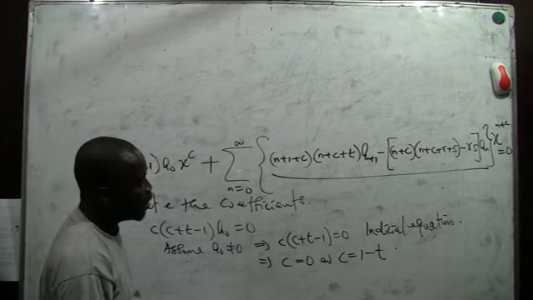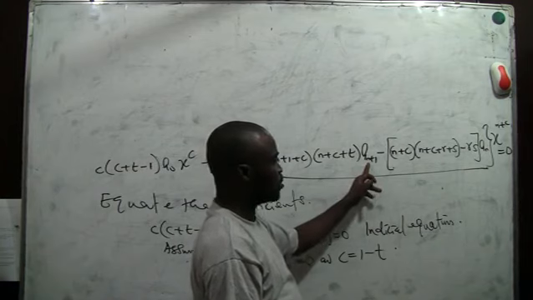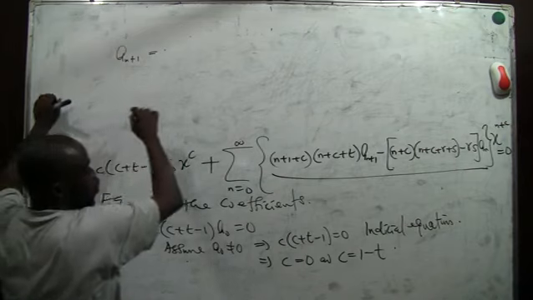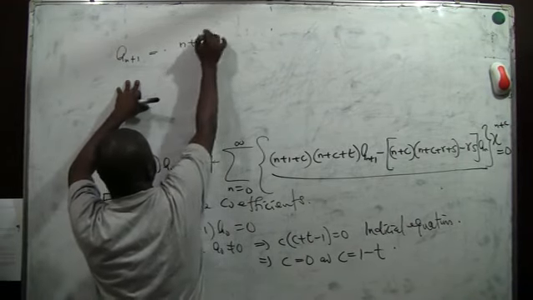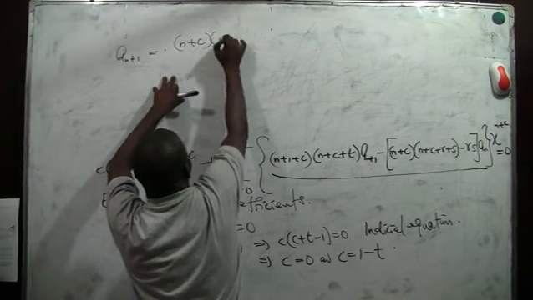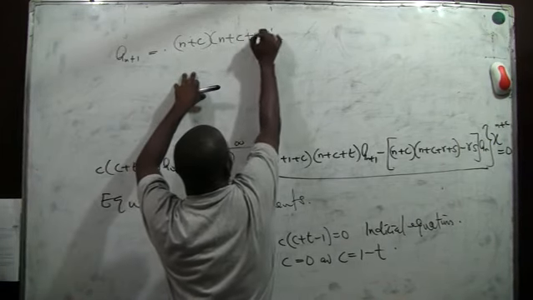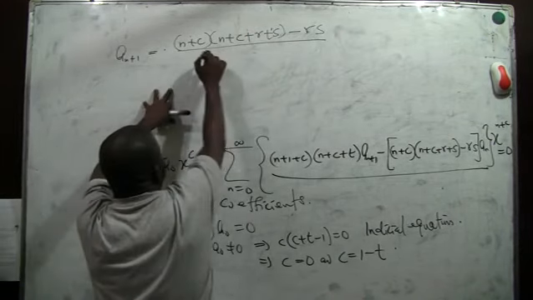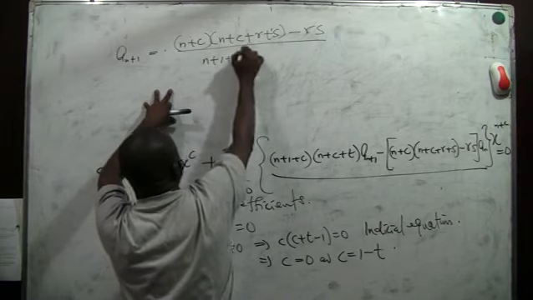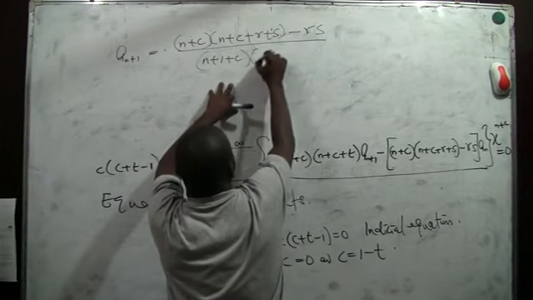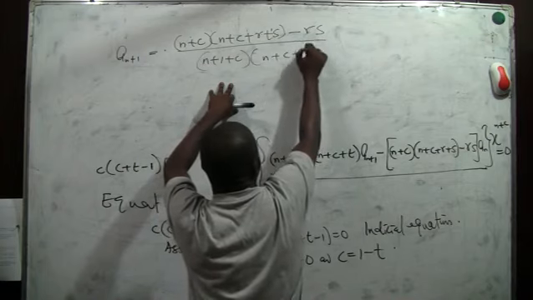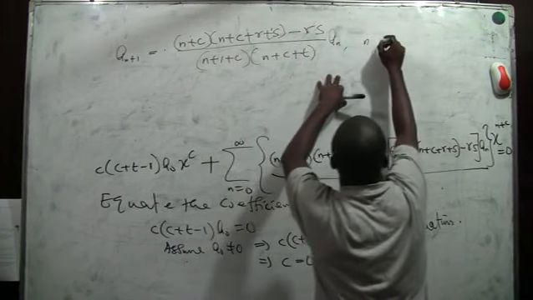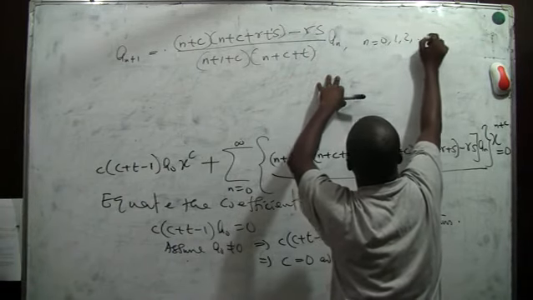We make the a with the highest subscript the subject of the formula, and that gives a n plus 1 equals n plus c into n plus c plus r plus s minus rs, all divided by n plus 1 plus c, n plus c plus t, a n, where n starts from 0, 1, 2, and it continues.